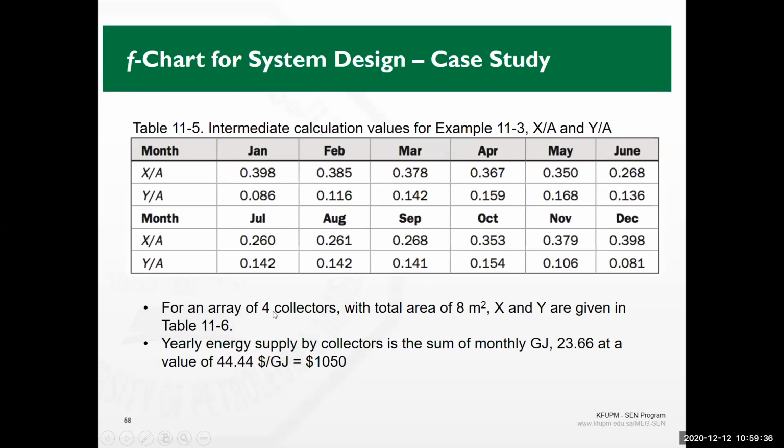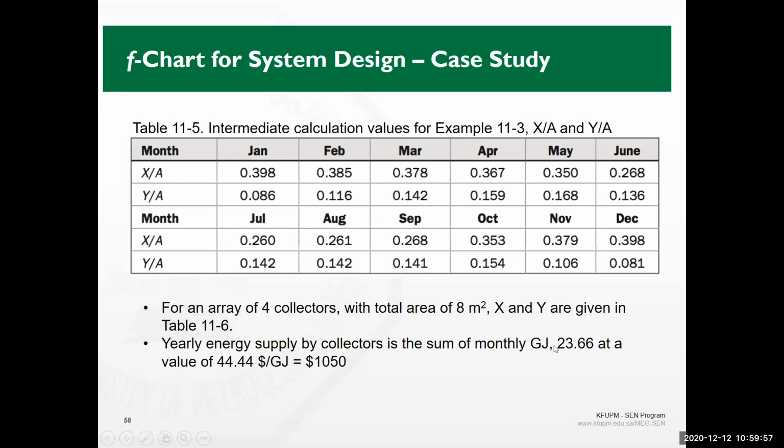Then if we consider an array of 4 collectors, now we're going to work with an assumption of 4 collectors, so the area of 8 meters square, the values of X and Y are given here in this collector. So the yearly average supply of the collector is the summation of the gigajoules.